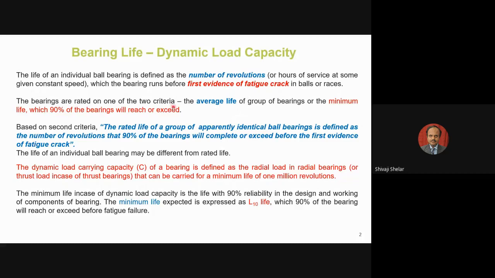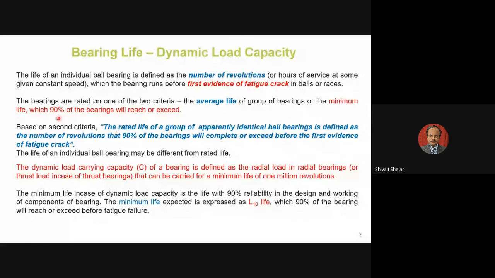Another criterion to define life is the minimum life which 90% of the bearings will reach or exceed. If I take 100 bearings, then out of those 100, 90 bearings have to cross a certain minimum time period or a certain minimum number of revolutions. That is called the minimum life concept.